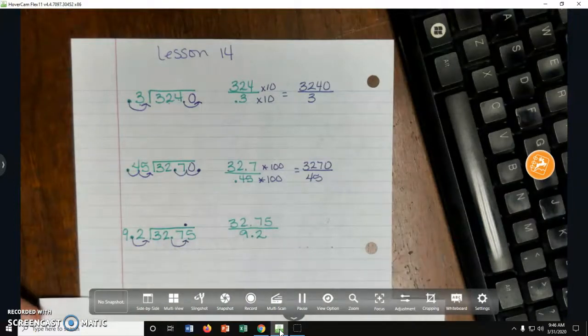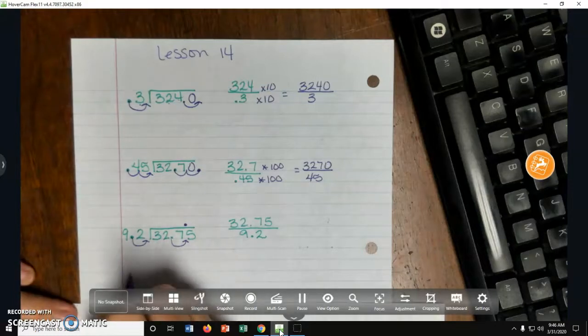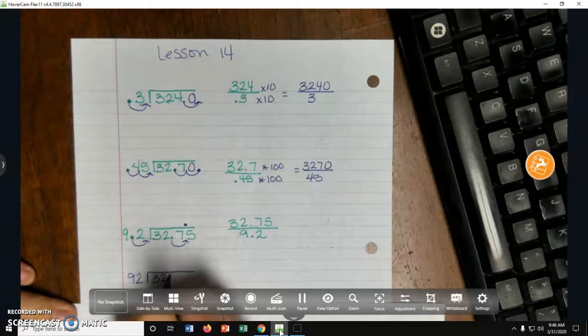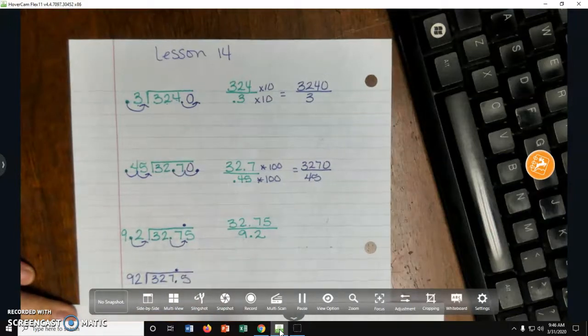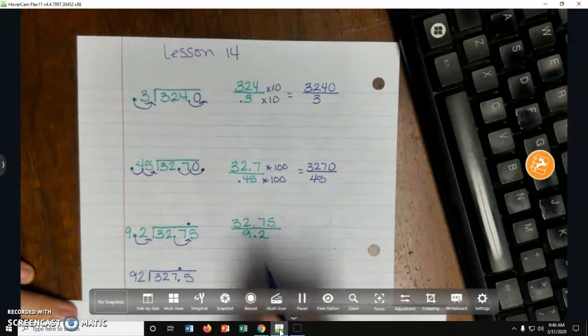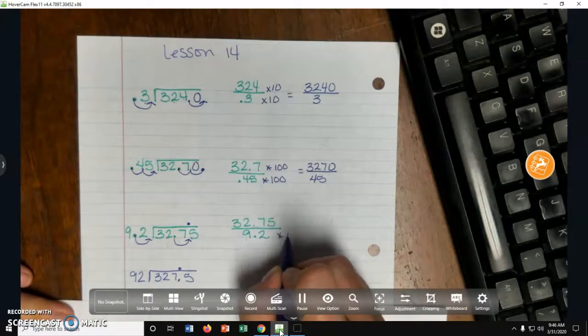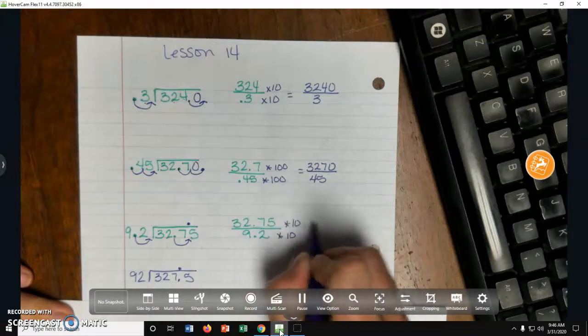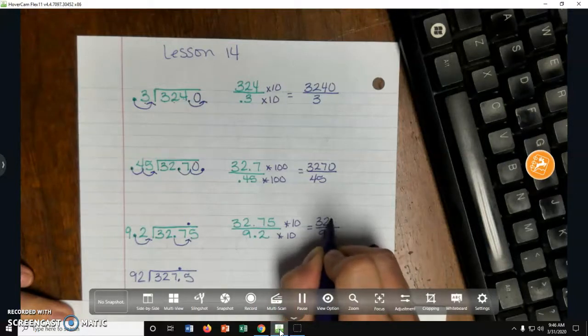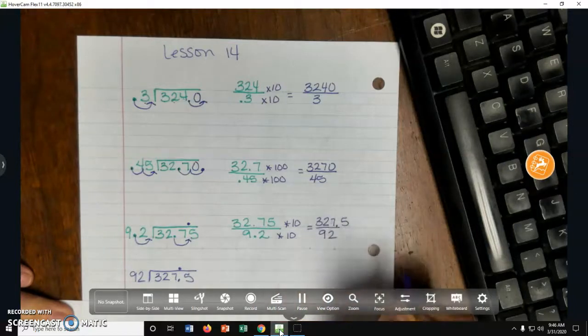Some of you may want to, at that point, rewrite the problem so that you have no possibilities of getting confused. Really what we're doing, we're shifting that decimal 1 place to the right, which means we're multiplying both of them by 10. So I end up with 327 5/10 divided by 92.